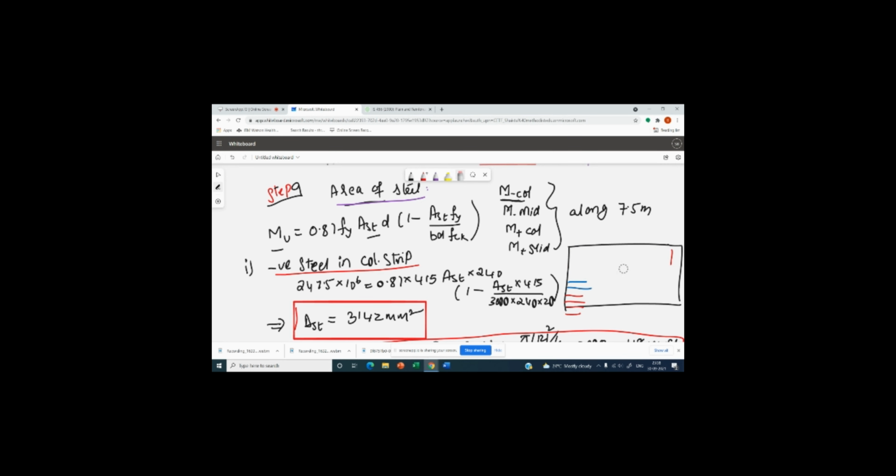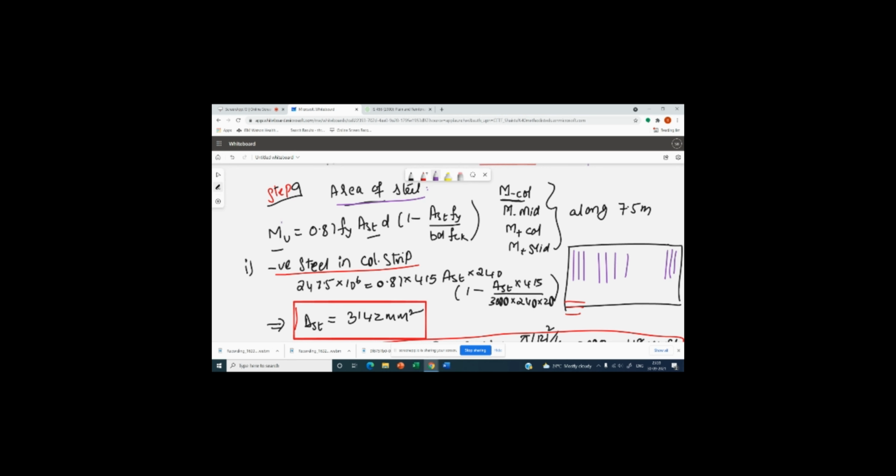For example, if this is my longer span, whatever area of steel I get in the column strip, I will provide as negative steel for negative bending moment. Same, whatever area of steel I get in the middle strip, I will provide in the middle strip. Same way for positive steel.